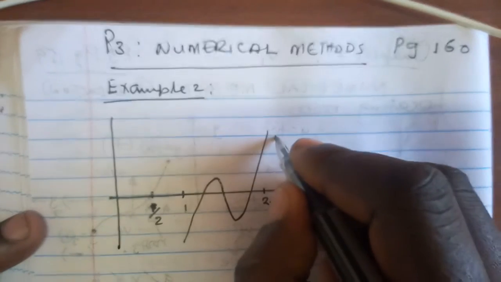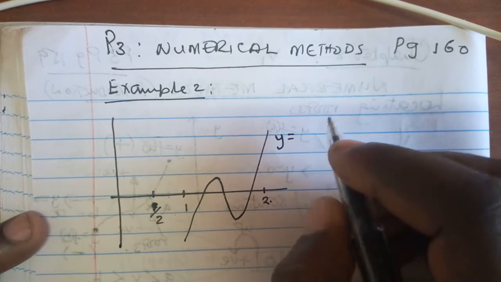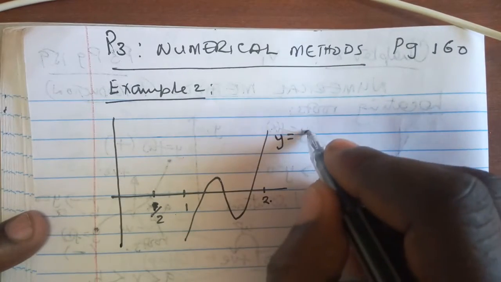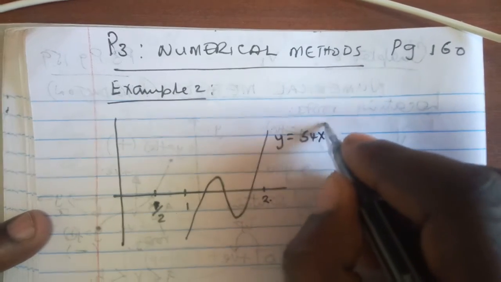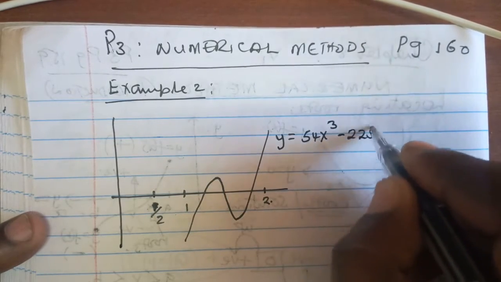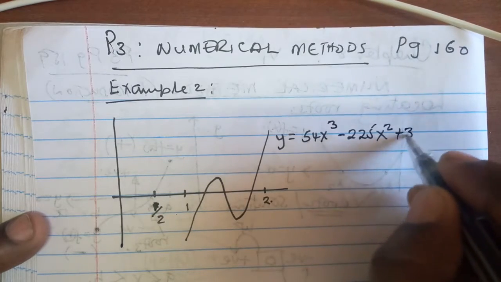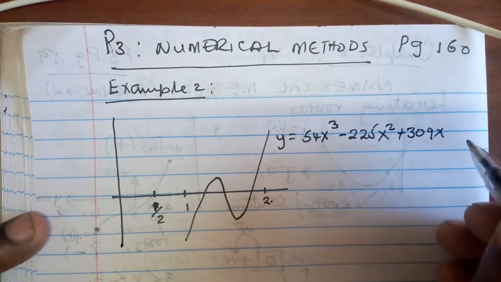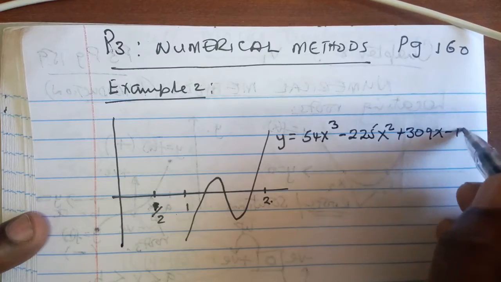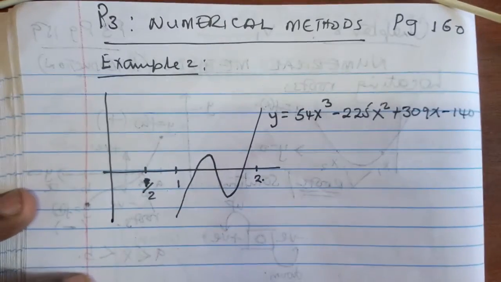And we have y equals f(x), which is 54x cubed minus 225x squared plus 309x minus 140.